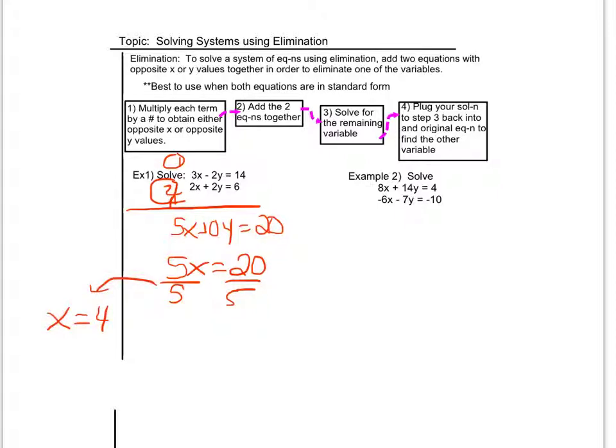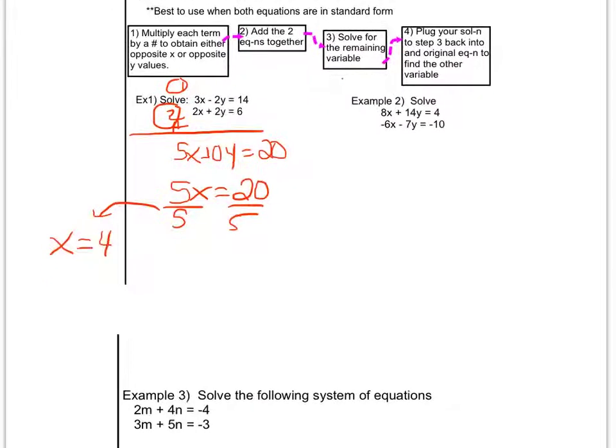Moving down here just a little bit to save room. From here, now that I know what x is, I just did step 3. Now I'm going to plug that back into either equation 1 or equation 2 and solve for y, and it does not matter which I pick, just like before. So let's say I plug it back into 1. Then I get 3 times 4 minus 2y equals 14, which is 12 minus 2y equals 14.